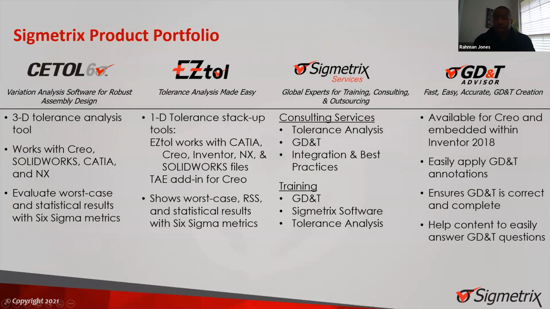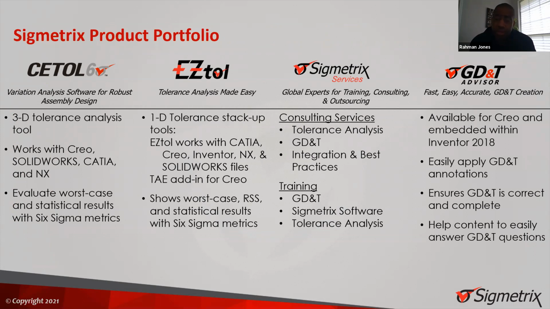So just a little bit about our product portfolio before we jump into our GD&T Advisor discussion. We have GD&T Advisor. That's what we're going to be focusing on first, helping you author those annotations in a way that conforms to the standards. Then we also have our tolerance analysis tool, CTOL, which is our 3D tolerance analysis tool.